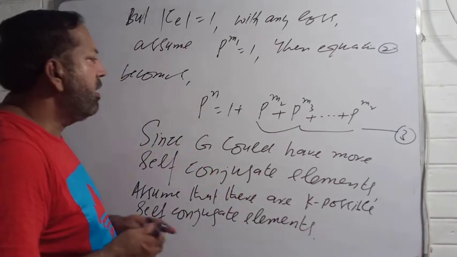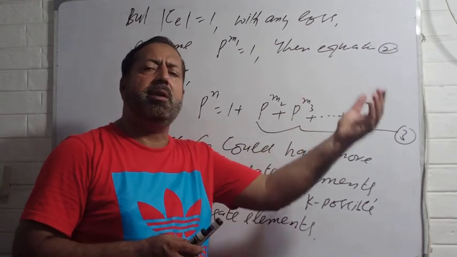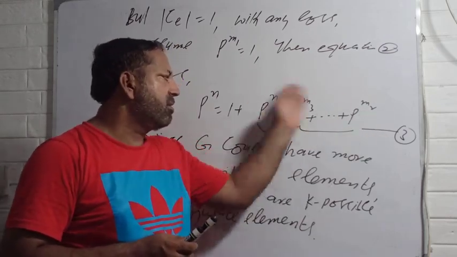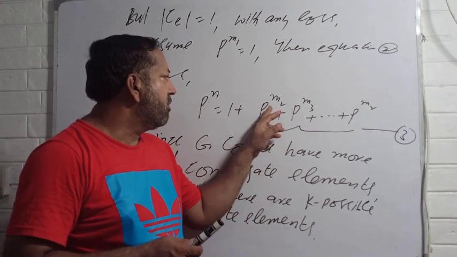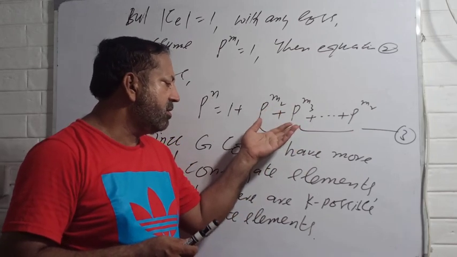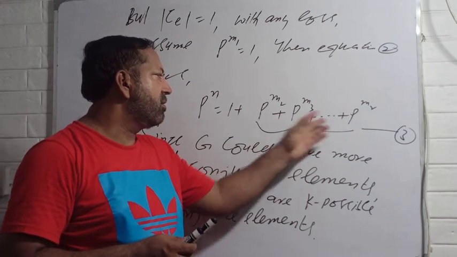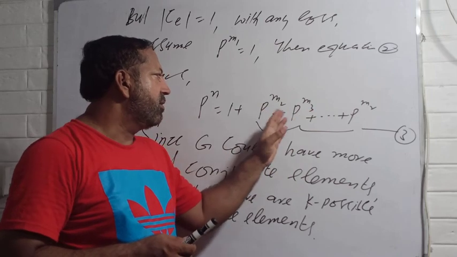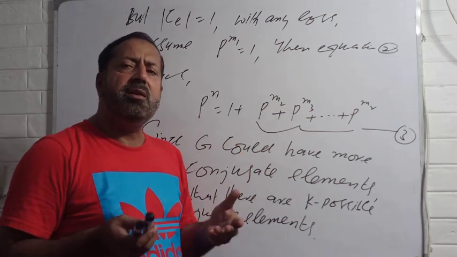Okay. You may assume that Pm2 is equal to 1, Pm3 is equal to 1 and so on up to Pmk, because these are the symbols. We are not sure what the orders of the conjugacy classes are. That's why there is no problem to assume that Pm2 is equal to 1.